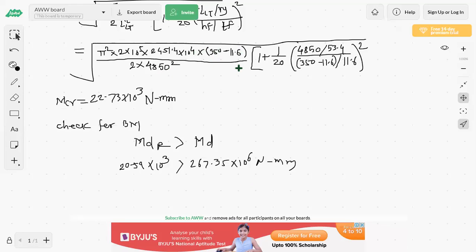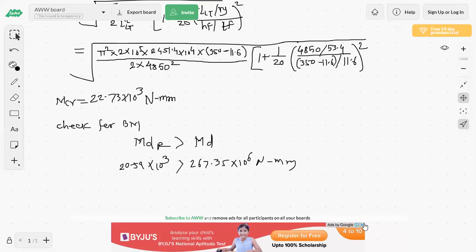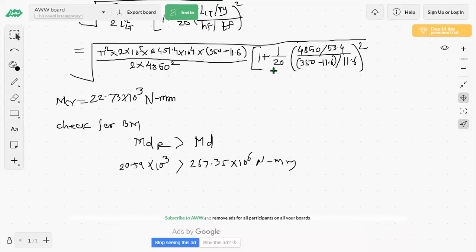Tell me this calculation once again. हा, येते का? काय चुकते? हे किती आले MCR?